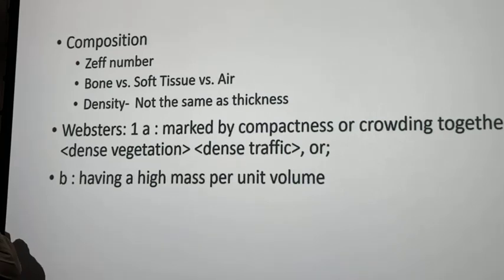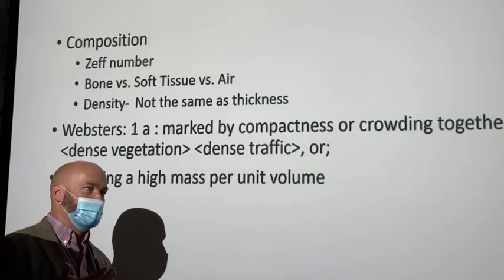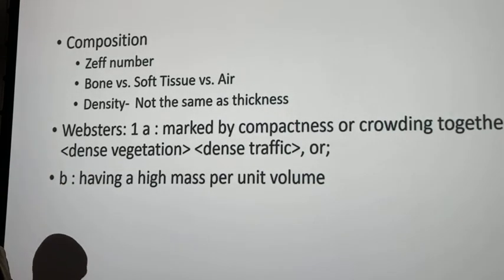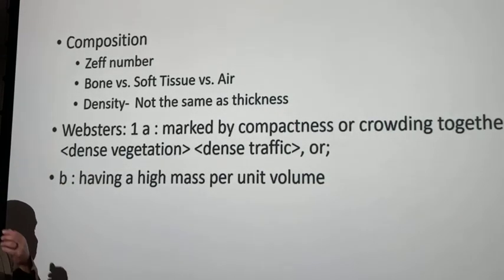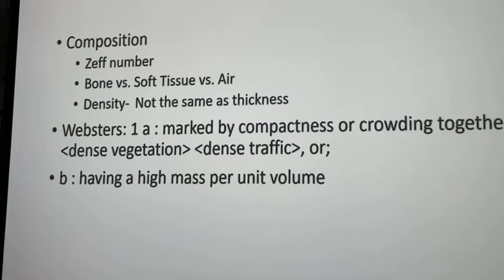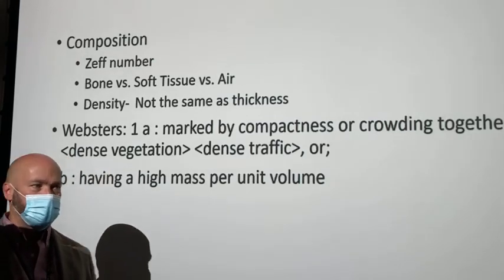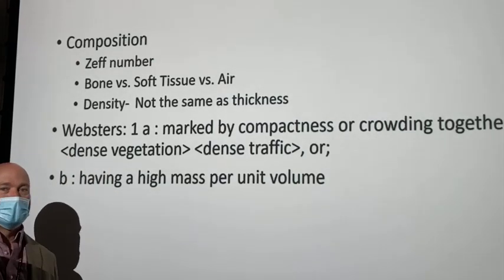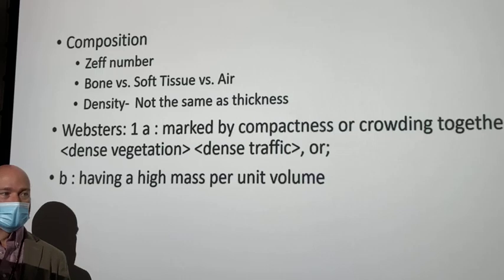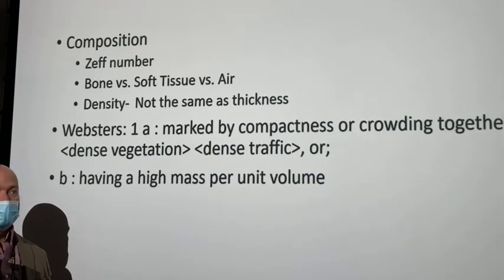That's what we're talking about with Z effective: how dense, not just because of the dominant atom in that tissue type, but how much of that atom is there. So we've got bone versus soft tissue versus air, and you'll be asked on the test to pick out the tissue types from the least dense to the most dense, or the most dense to the least dense.